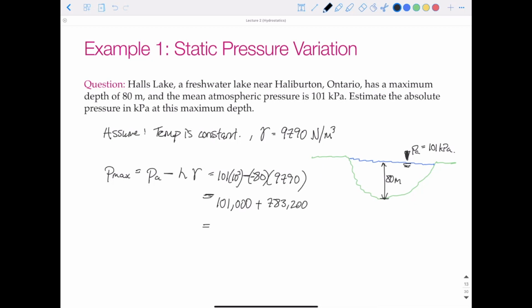If we're going downwards in a fluid, the pressure should be increasing, and if we're going upwards, pressure should be decreasing. So we should have a positive pressure, and it'd be 101,000 plus 783,000, which gives us 884.2 kPa.